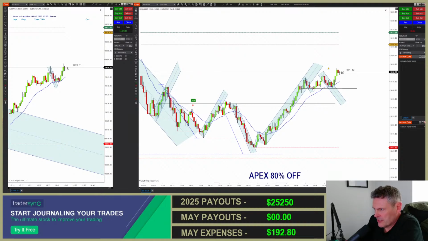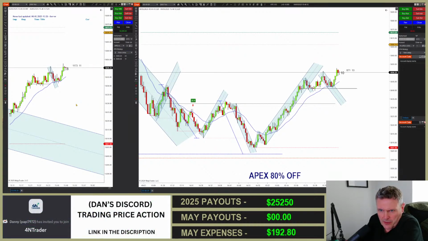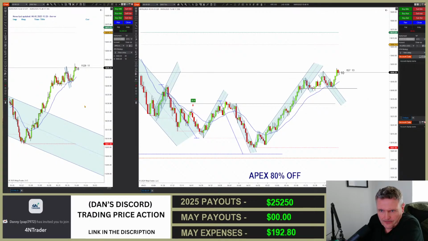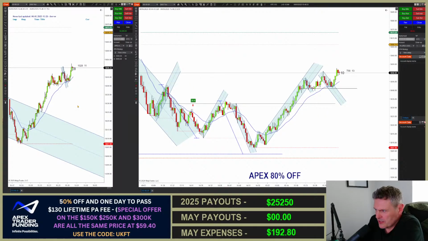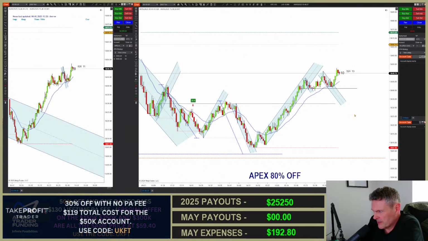Bounce, bounce, 2 legs down and a push up. So it is looking like it's pushing up. We got a break, 1, 2 pushes. It's hard to say because you could say we got a break with 2 pushes to a new high. I was looking at that initial push to a new high and then back to the EMA.